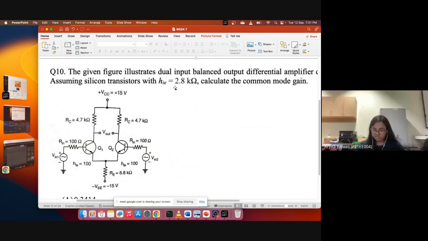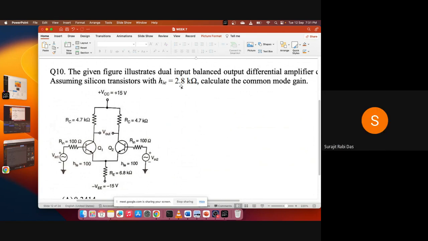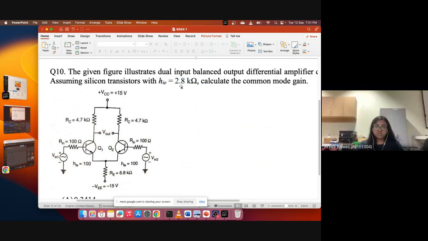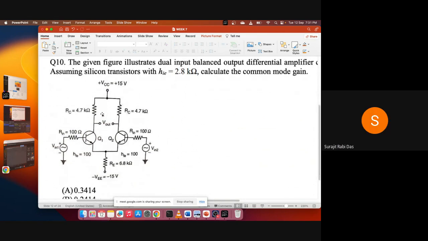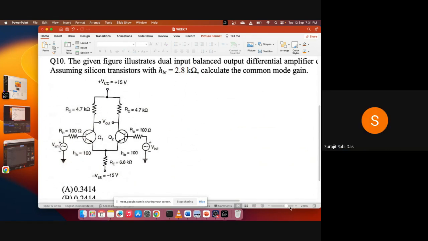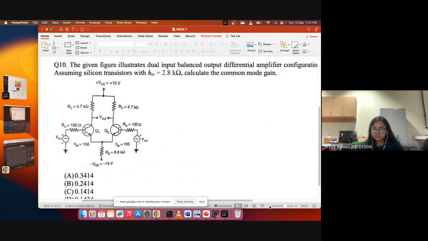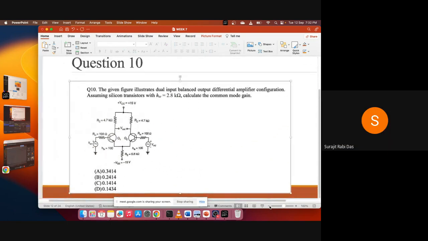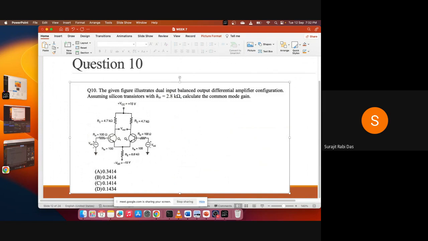HIE is given, which is 2.8 into 10 to the power 3. The formula you have written, for the actual, I think it is HFE. Okay, it is HFE, HFE is 100. So the formula you have written, that is in the denominator part.